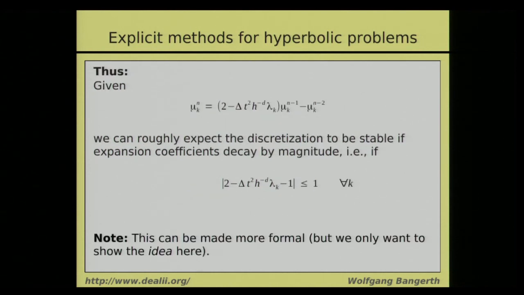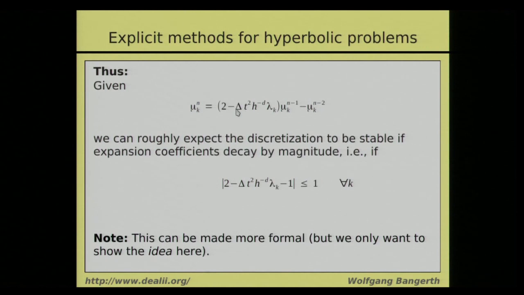Let us assume that we want to define stability in the following way, namely that the expansion coefficient here should be less than the bigger of these two. Or let's say, for simplicity, assume that they're about the same size.